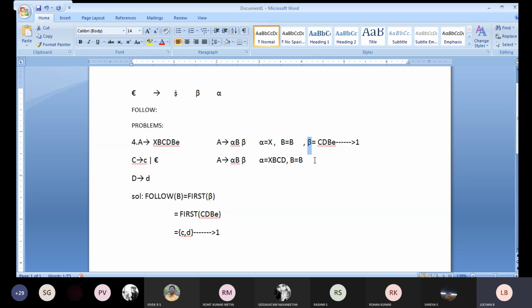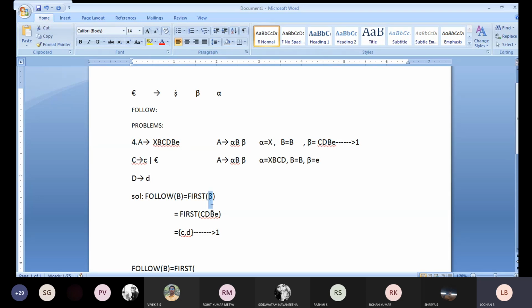Beta you will be getting now as small e. Beta you are going to get as small e in this particular case. So for the second, I am going to take follow of B, which is equal to first of beta.